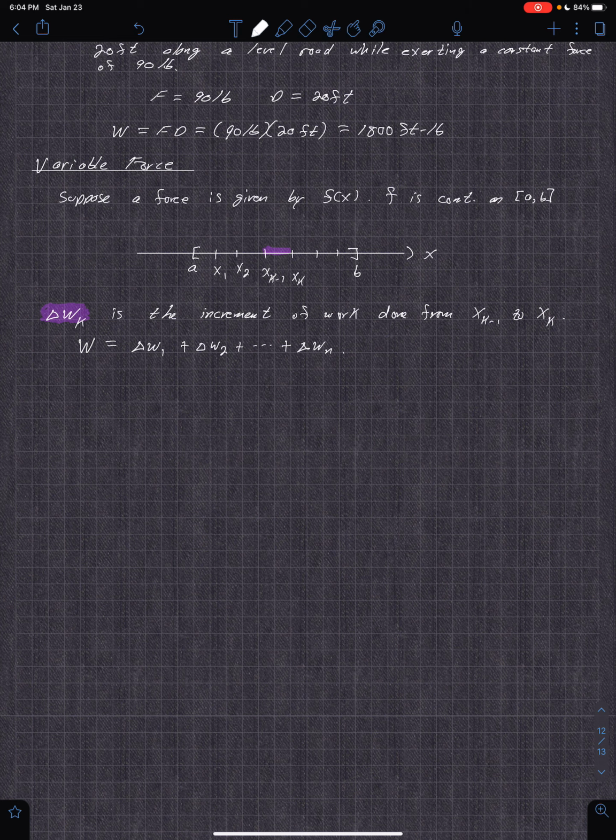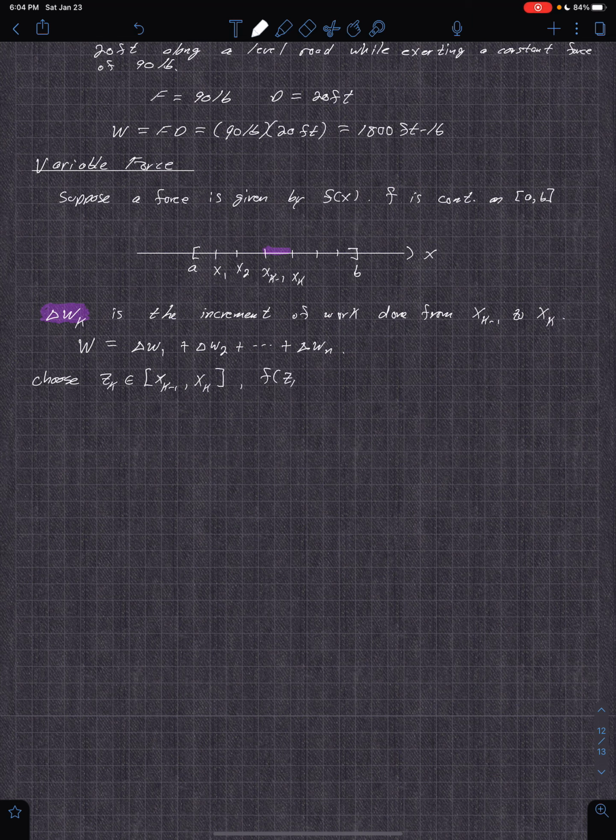Because it's actually changing within that interval. So we're going to take a limit, just like we normally would. So choose z sub k in the kth interval, x sub k minus 1 to x sub k.